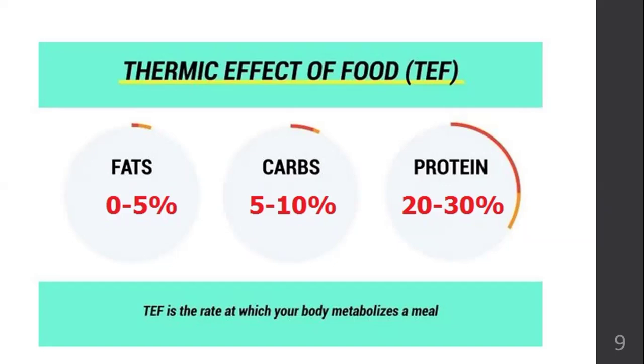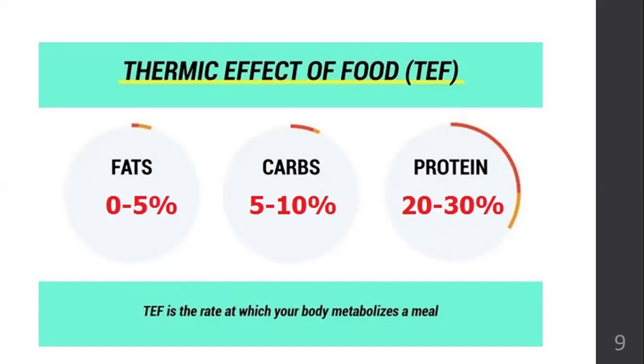It's very easy to lose weight because whatever calories you have eaten, at least 20% of it is not going to be deposited in your body. If you have had 2000 kilocalories, 20% of that, around 200 kilocalories, is not going to be deposited in your body.